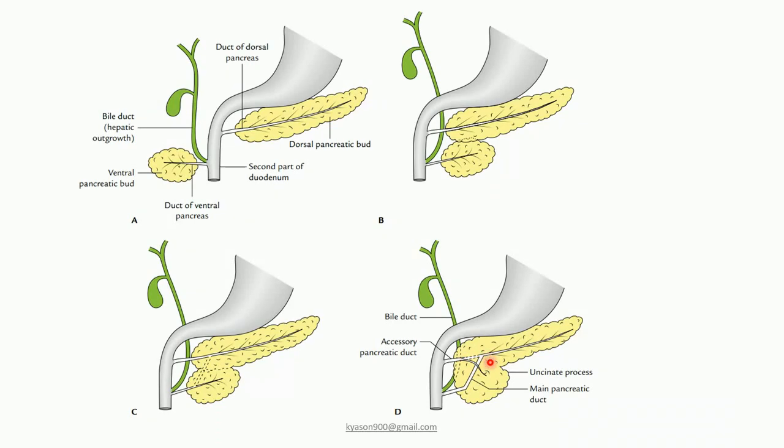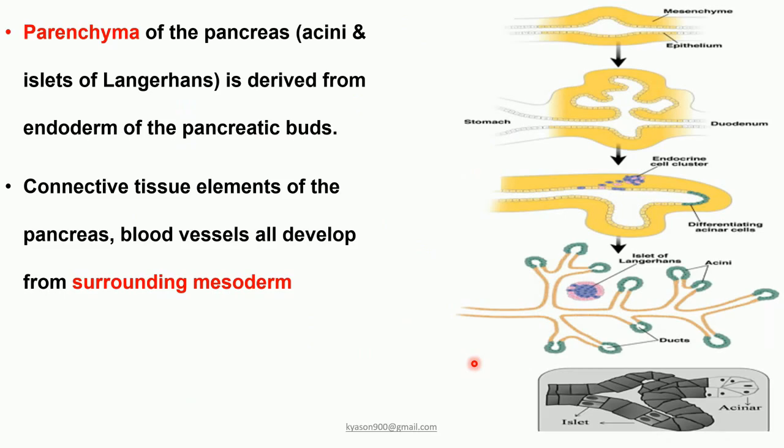Normally they fuse so that we end up with the main pancreatic duct, that will be collecting secretions from the bigger part of the pancreas, and then this small accessory pancreatic duct that will be collecting secretions from the head and the uncinate process of the pancreas. So that is part of normal development.